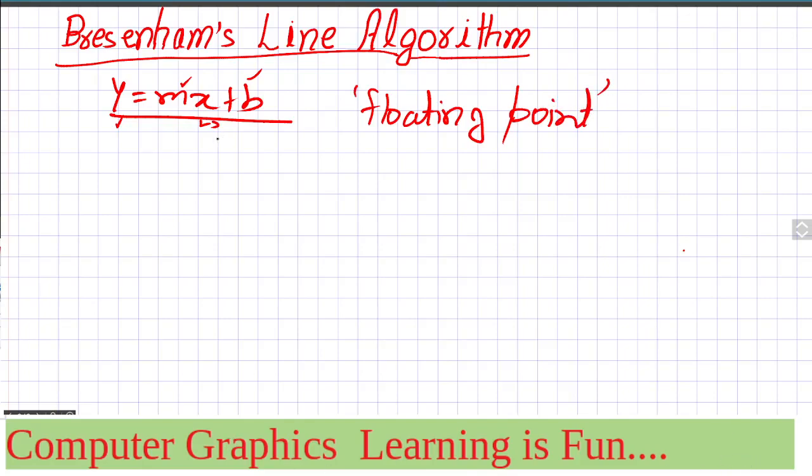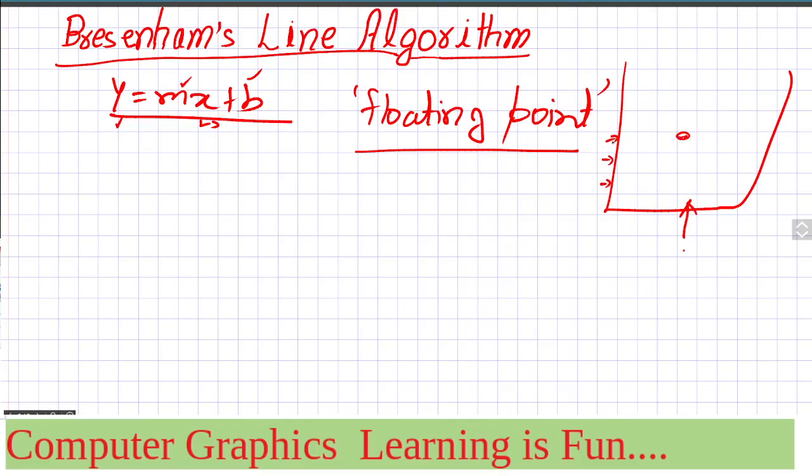Even after getting these floating point values, suppose for this screen this was the value of x, and we are trying to find which y. Somehow we got a value like 2 point something, but still we have to take either 2 or 3.